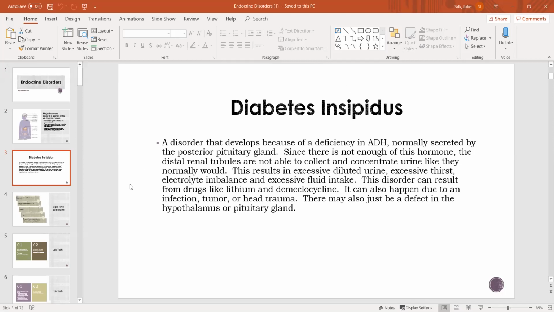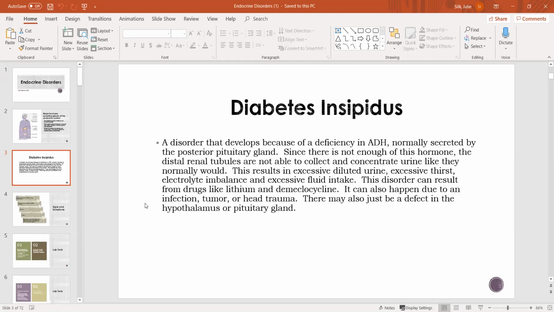Okay, something else I want you to write down real quick about this. And chances are you're probably not going to have a question that's this specific about it, but I'm just telling you FYI. So there's different types of this disorder. You can have what they call a central diabetes insipidus.